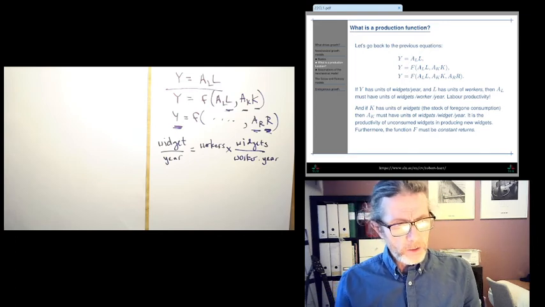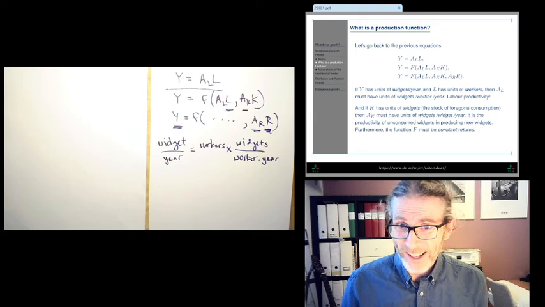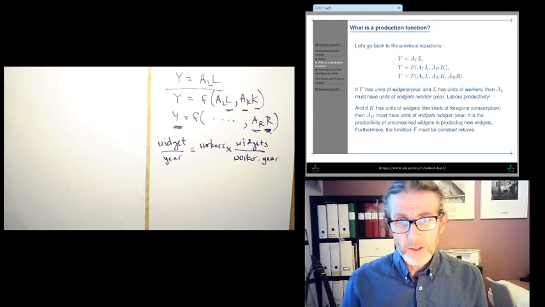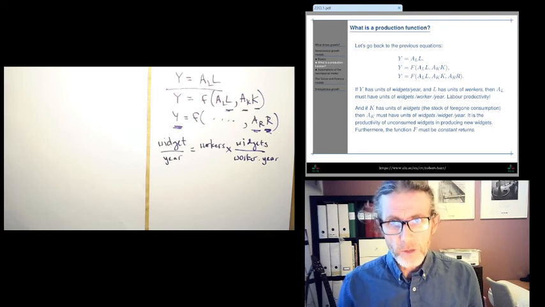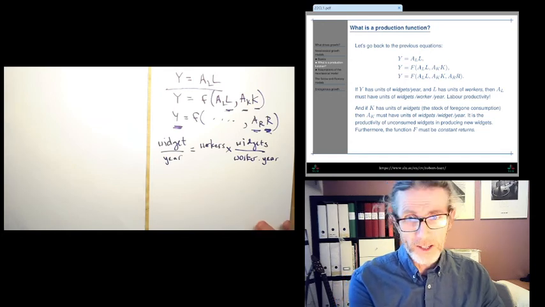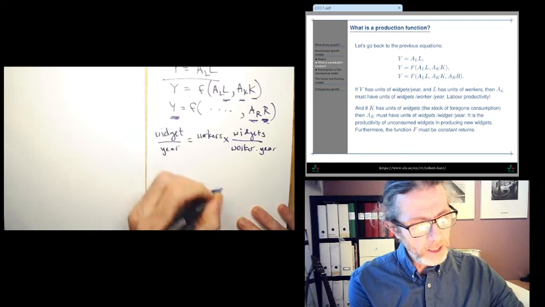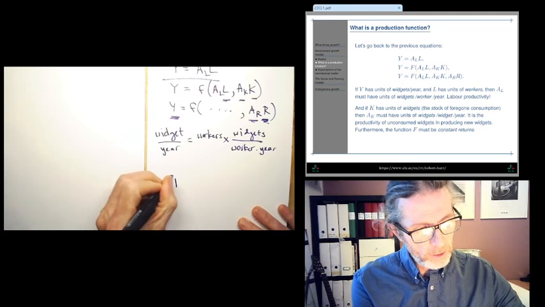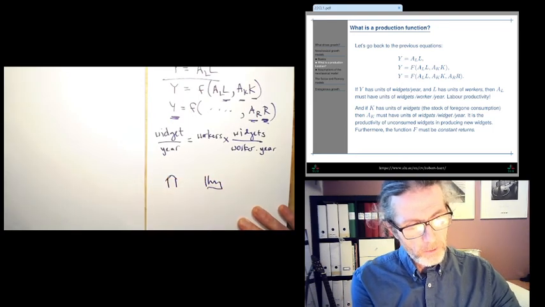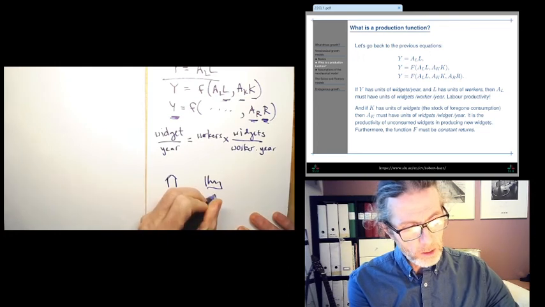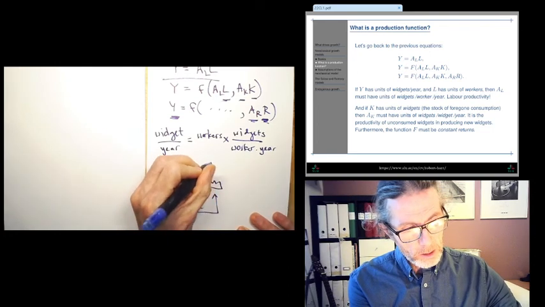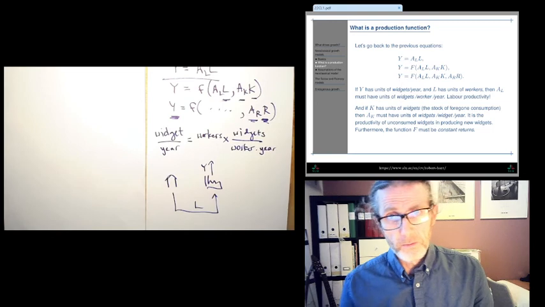But what are the units of K? Now it gets interesting, because it turns out that the units of K are widgets. What is going on? Say we have a household here and a factory here, and this is our labor and this is our output of widgets.